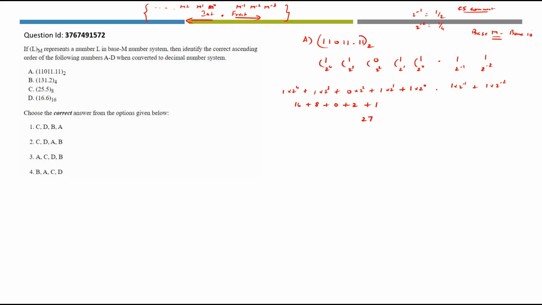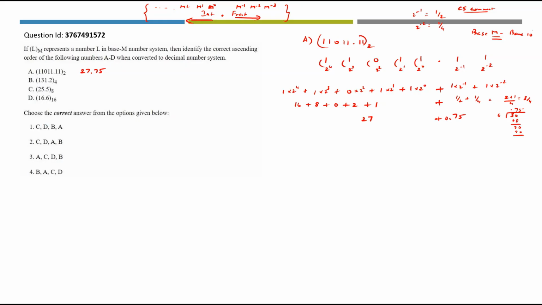So this is actually 1 by 2 plus 1 by 4, which is equal to 3 by 4. So 3 by 4 is 0.75. What is the value of A? It is 27.75. Just add them like this.